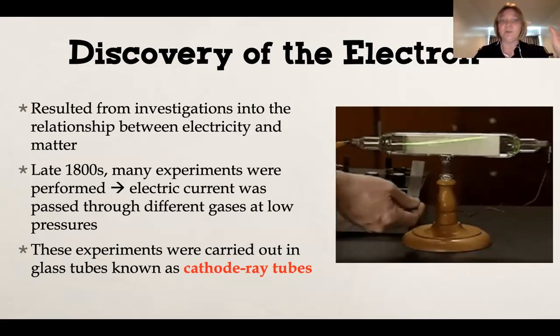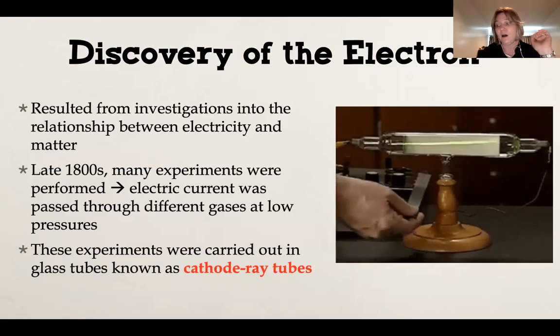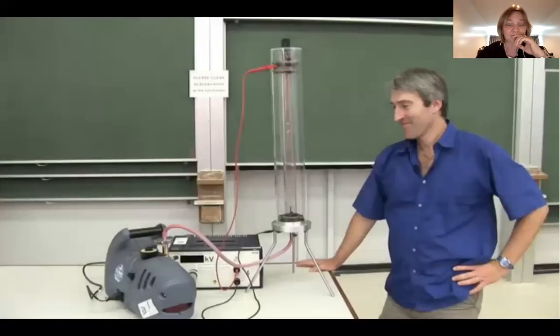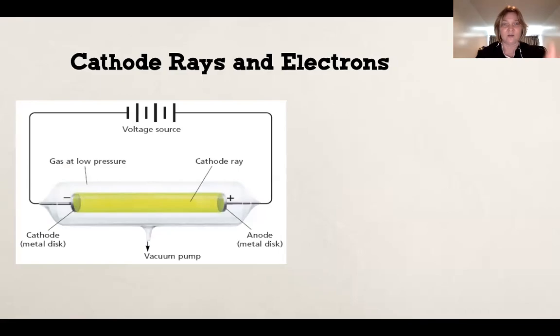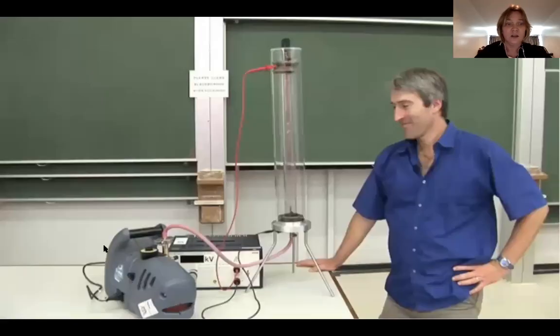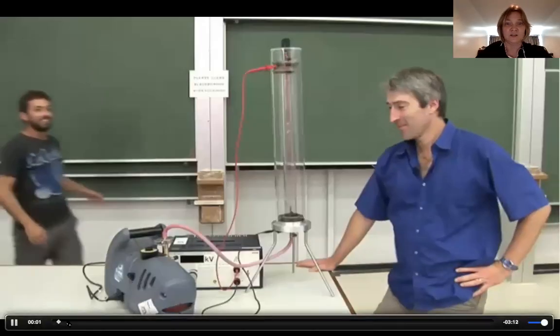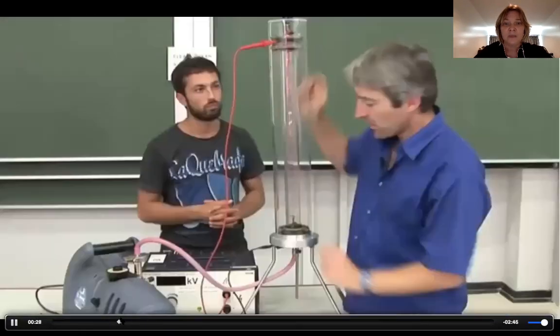So there's going to be a couple of inferences that we can make from this experiment. So here is how the experiment was set up. You have a gas at low pressure. And so they saw that the cathode ray would be created at the cathode, which is the negative end, and it would move towards the anode. And I want to actually go back here and show you how that looks, because here's an actual cathode ray.